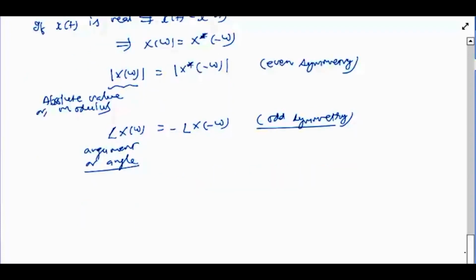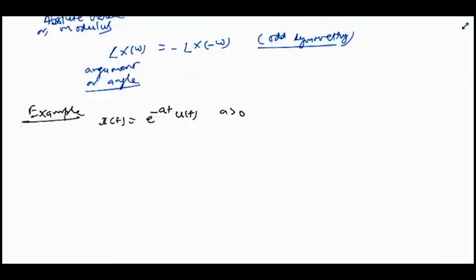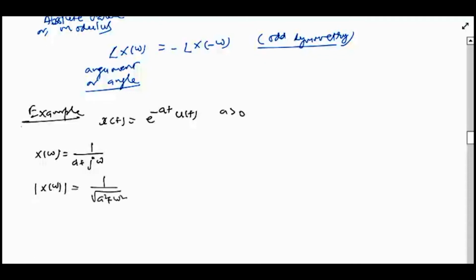Let's see an example of this property. Again, recall the first example that we had taken, that is xt is e raised to minus at ut, a greater than 0. Recall that the Fourier transform of xt is X omega equals 1 over a plus j omega. The absolute value of X omega in this case is 1 over root a square plus omega square, which when plotted looks as follows.